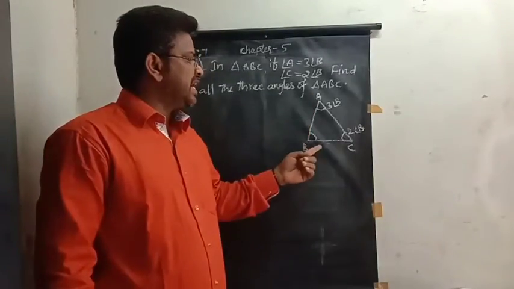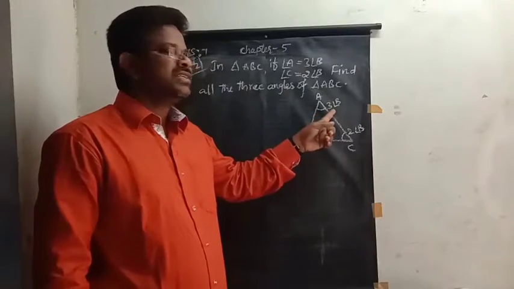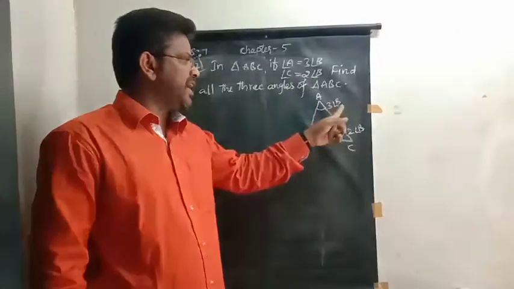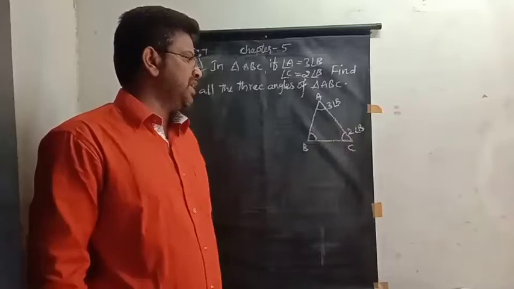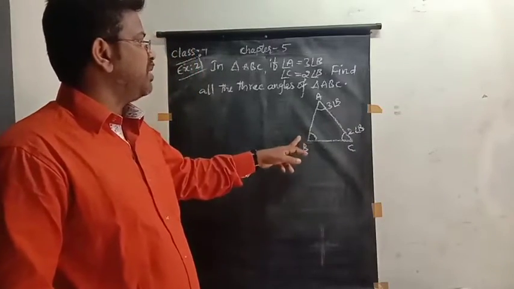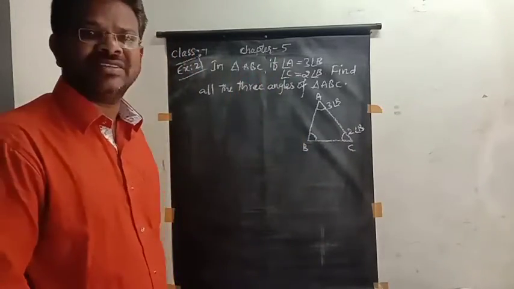So this is the triangle ABC, but angle A is 3 into angle B, and angle C is 2 into angle B. You have to find angle B and angle A and angle C also.